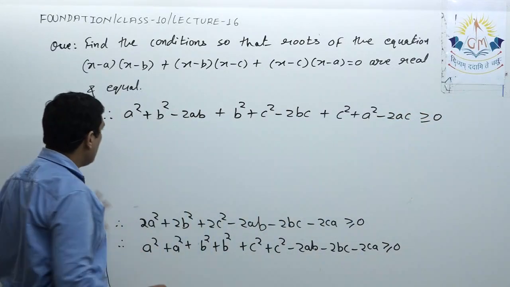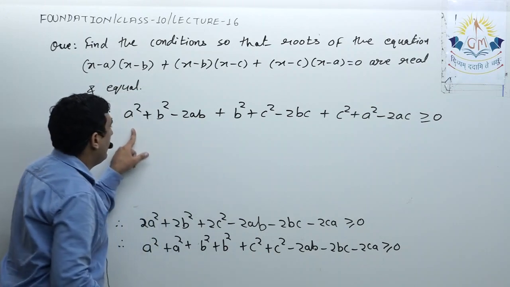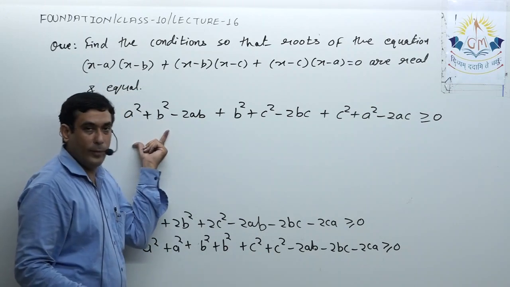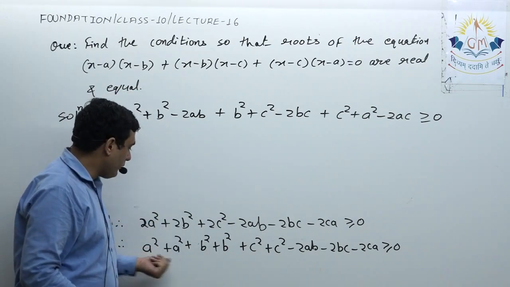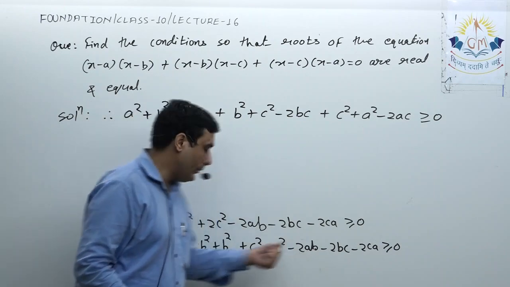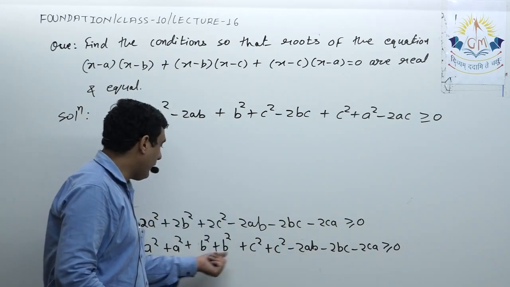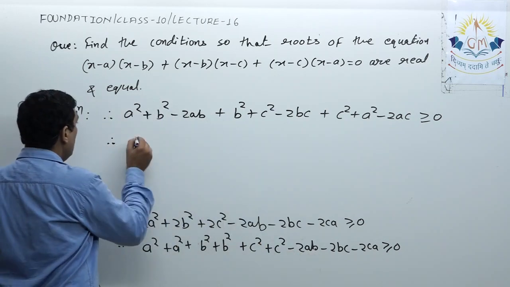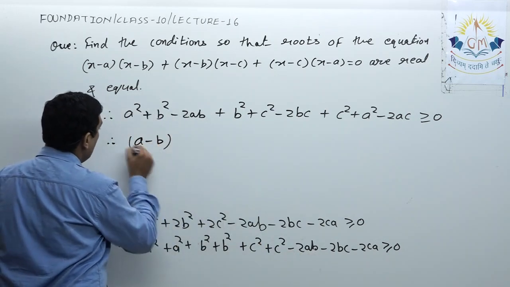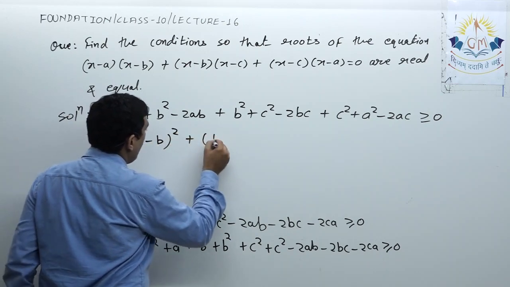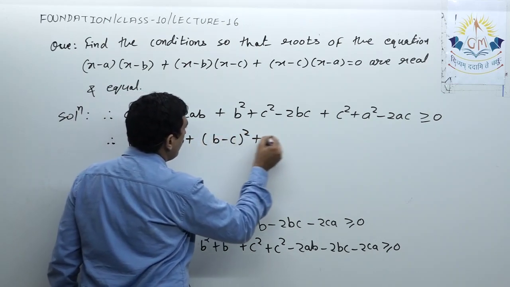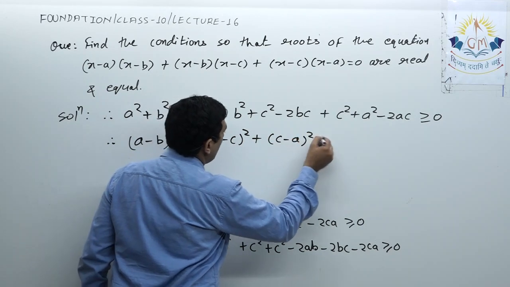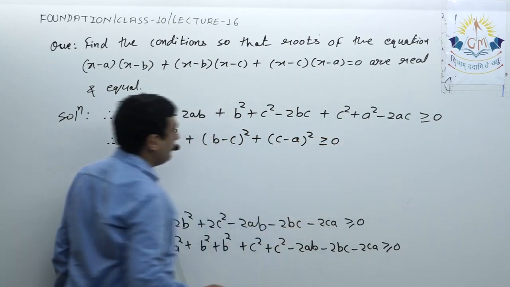I wrote the terms as per my requirement, as I need to get the identity of a minus b whole square. So I took a square, then b square, then minus 2ab. Then I took b square, c square, minus 2bc, and the remaining three terms. This gives me a minus b whole square plus b minus c whole square plus c minus a whole square greater than or equal to 0.